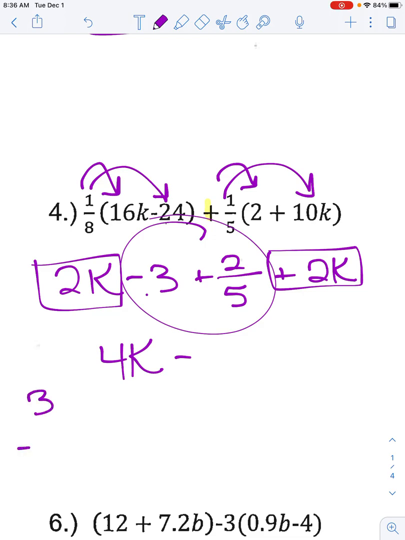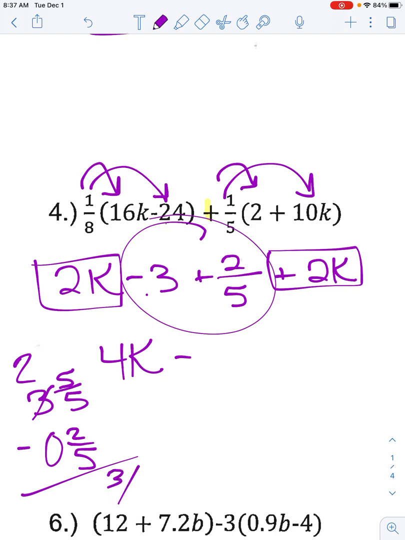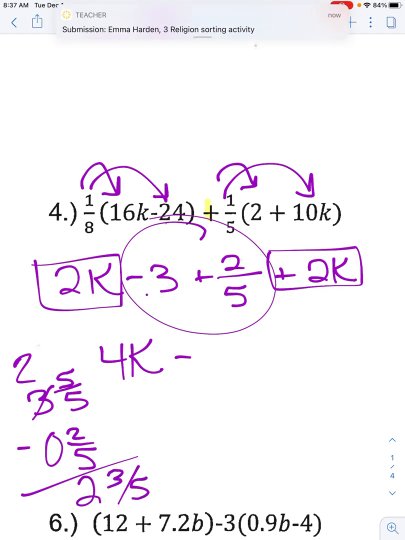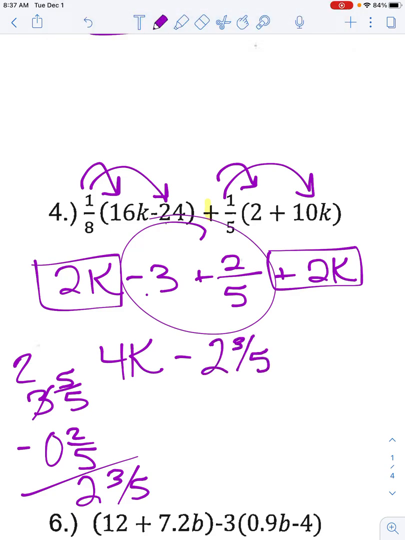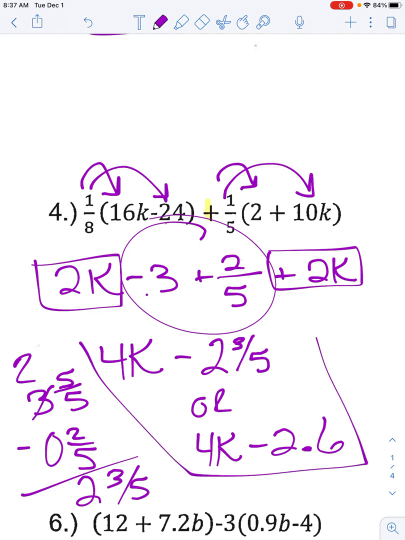So either we can do 3 minus 2/5. Okay, you'd have to borrow and make this a 2 and 5/5. So we have 2 and 3/5. If you would have changed 2/5 into a decimal, you could also have 4k minus 2.6. Either one of those would have worked for your answer.